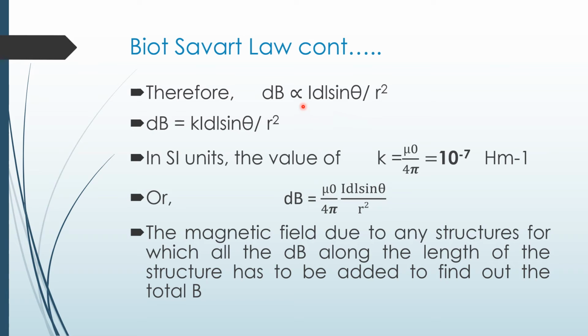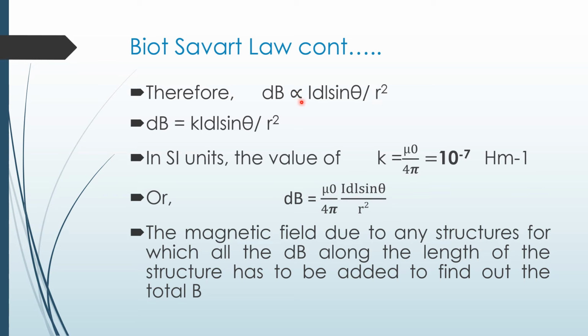So by using all these equations, we have combined them, and this becomes dB is directly proportional to I, that is current, dl, that is the small distance, sin theta upon r square.